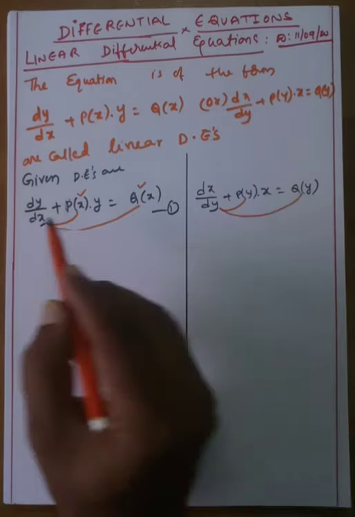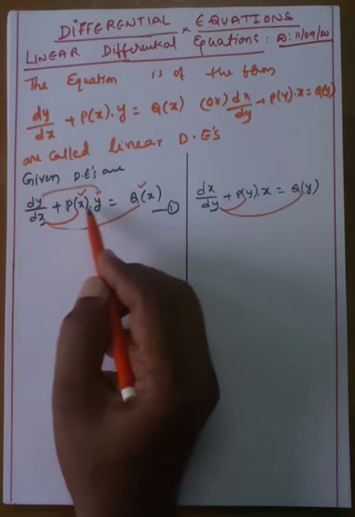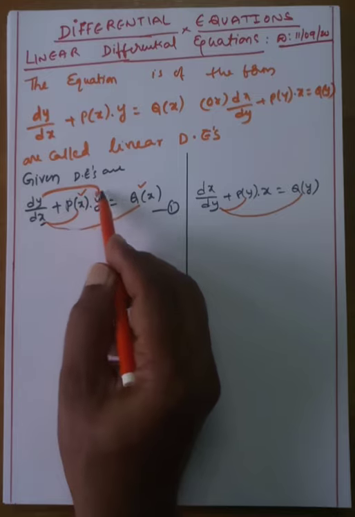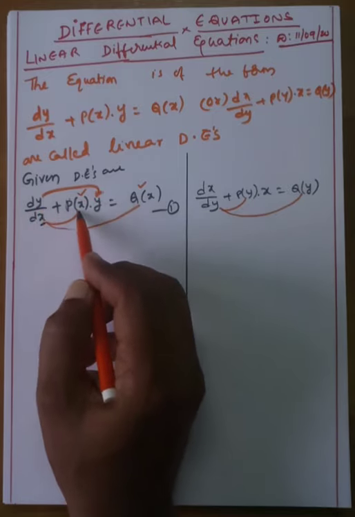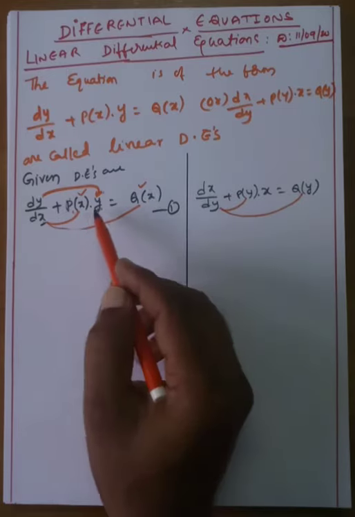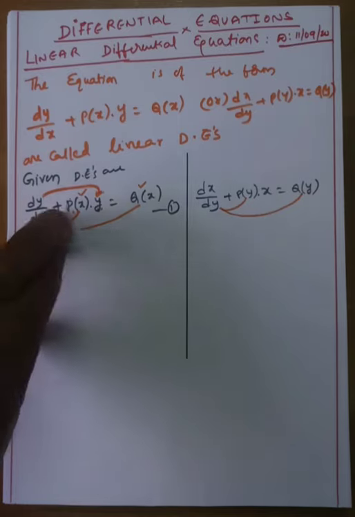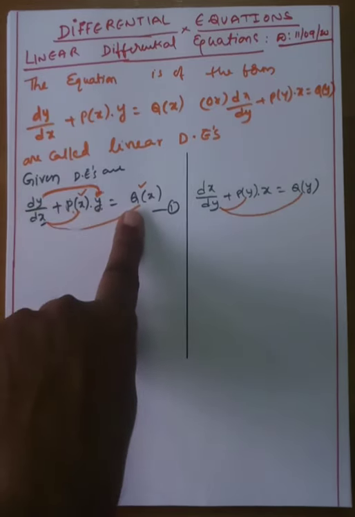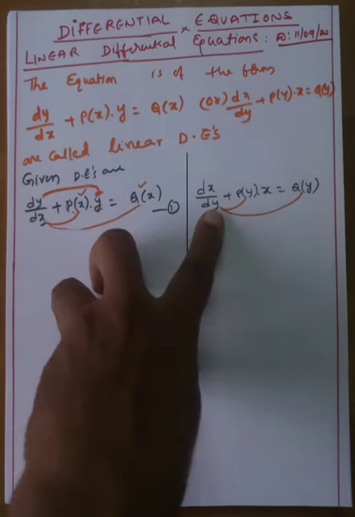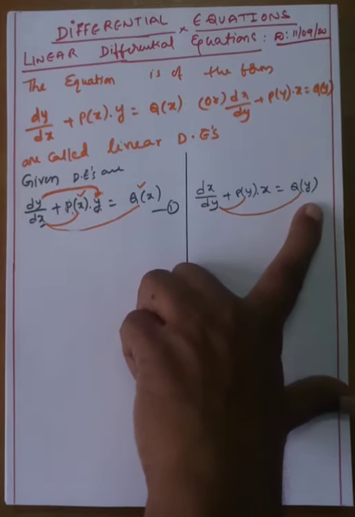Observe that here the dependent variable y is there, here into y, p of x into y. In this way the comparison is going on. The y coefficient is p of x, where x is the independent variable; p and q must be functions in x or constants. Here y is the independent variable, p and q are functions in y or constants.